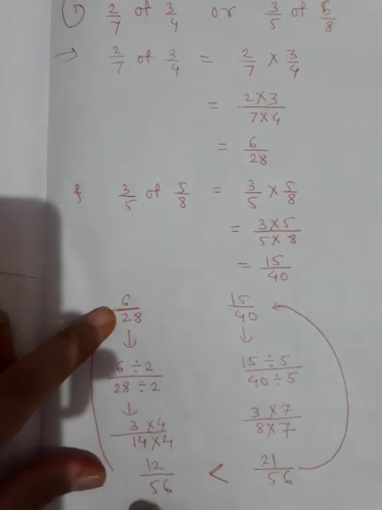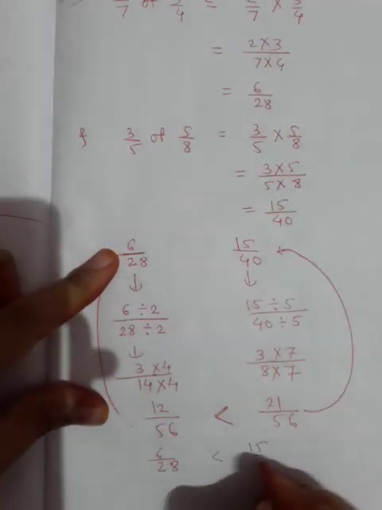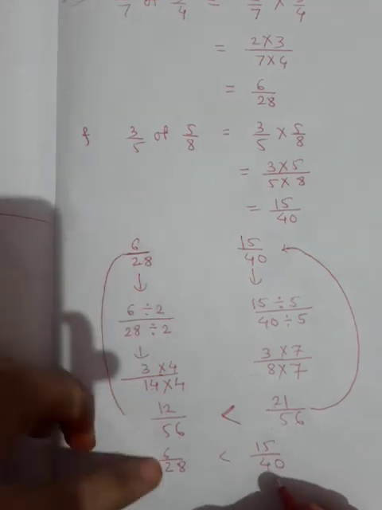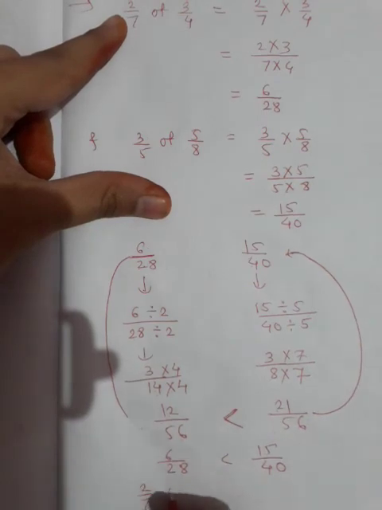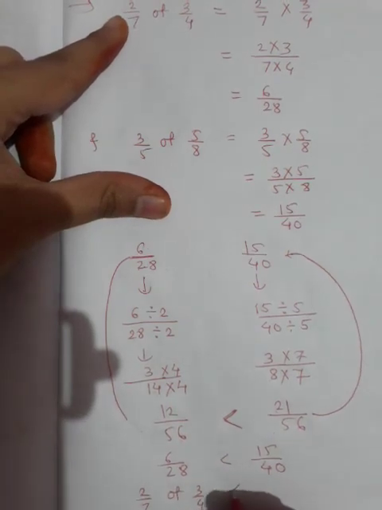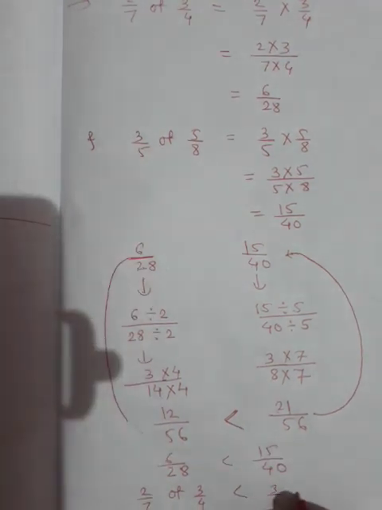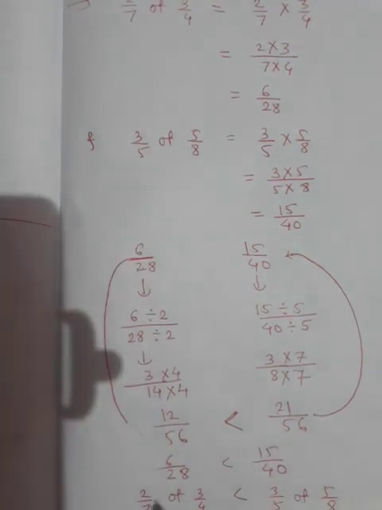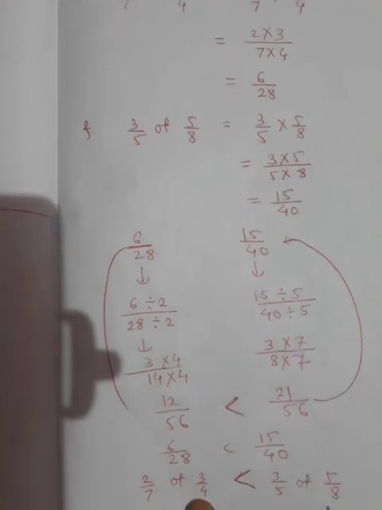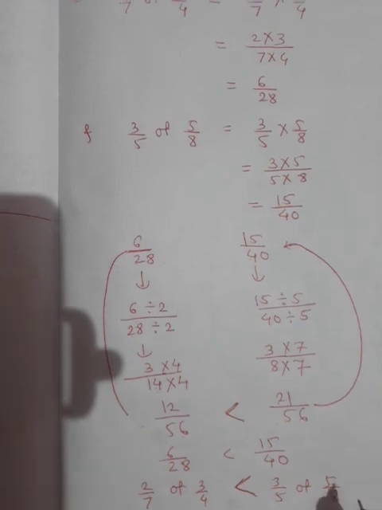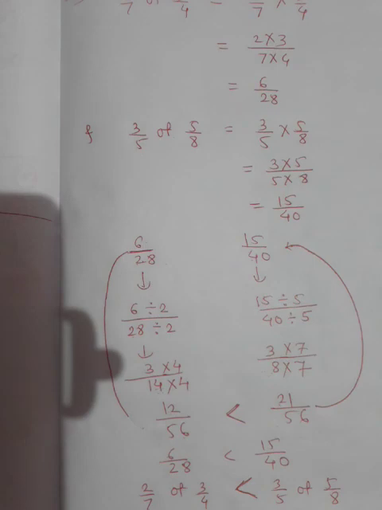That's why 6 by 28 is less than 15 by 40, and 6 by 28 is 2 by 7 of 3 by 4, which is less than 15 by 40, means 3 by 5 of 5 by 8. So 2 by 7 of 3 by 4 is less than 3 by 5 of 5 by 8. Like this you can solve the other example. Okay.